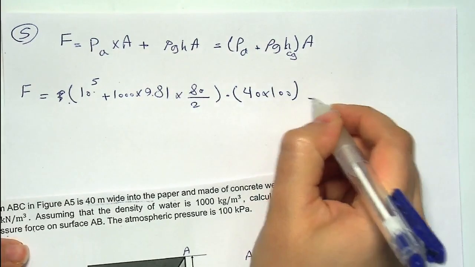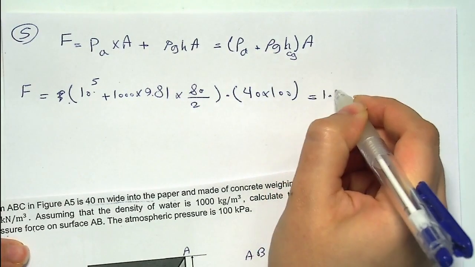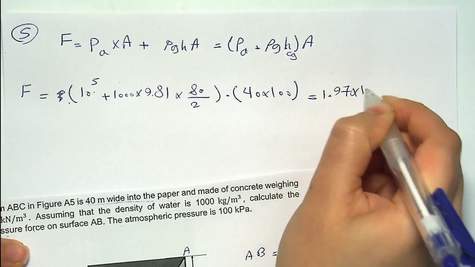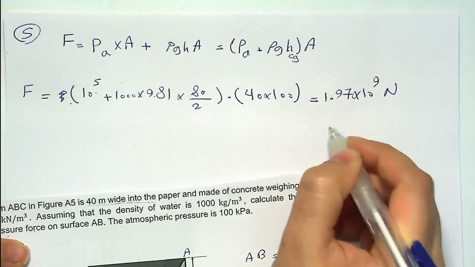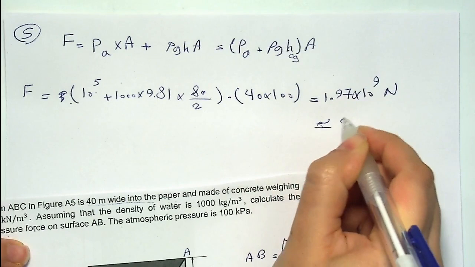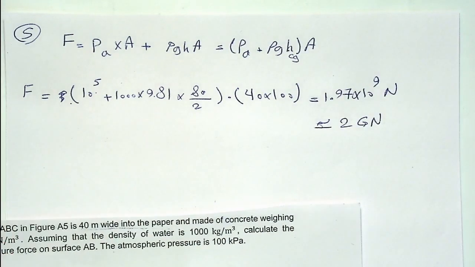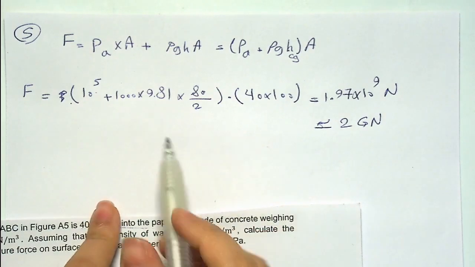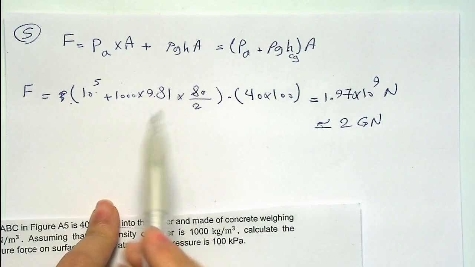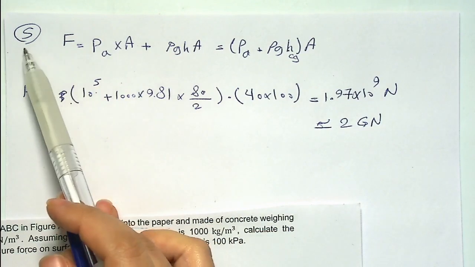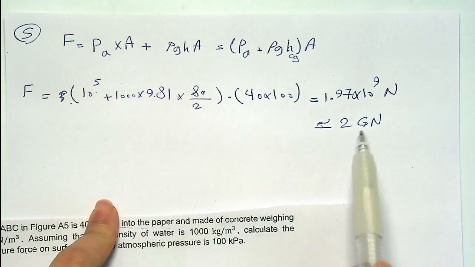And this gives us the pressure force equal to 1.97 Newton, which is kind of 2 giganewton. This is the final answer, but you can solve this using the integrals as well. I'm going to solve the next question both ways using the rho GH and the integral. So I recommend you to go at home and to solve this question 5 using the integrals as well, and see if you can get the similar answer.